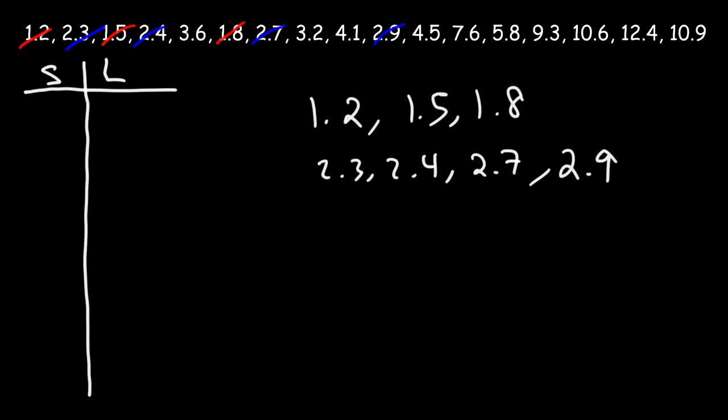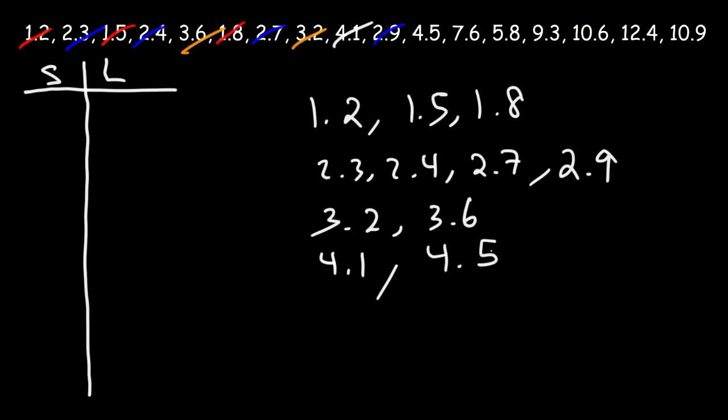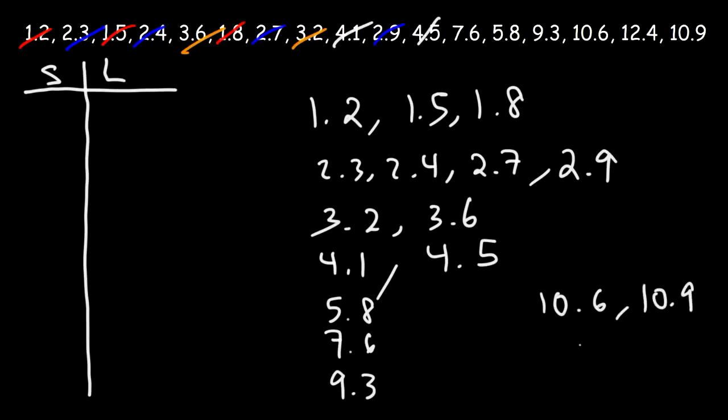And then between 3 and 4, there's 3.2 and 3.6. And then we have 4.1 and 4.5. After that is 5.8, 7.6, 9.3, and then we have 10.6 and 10.9, and then 12.4.